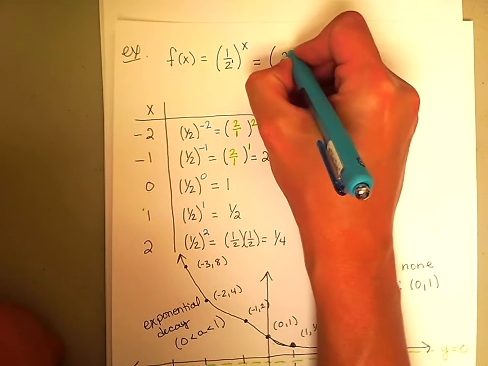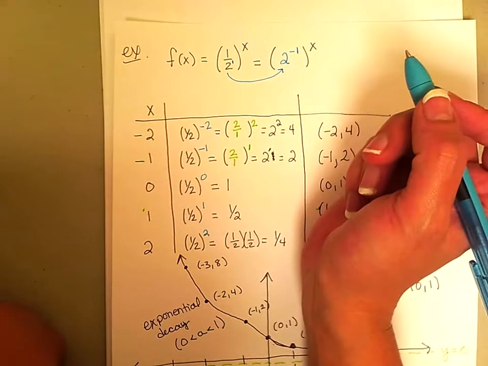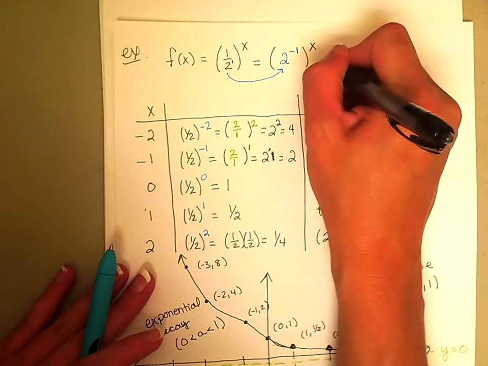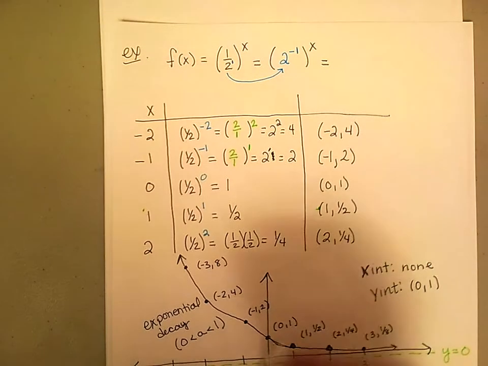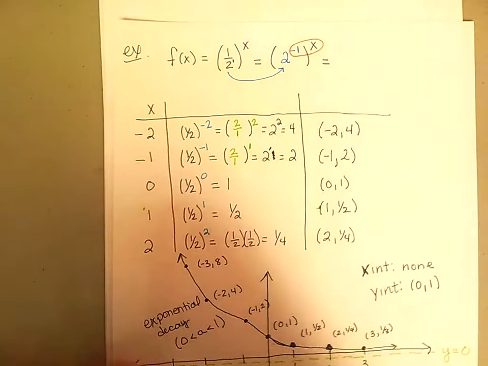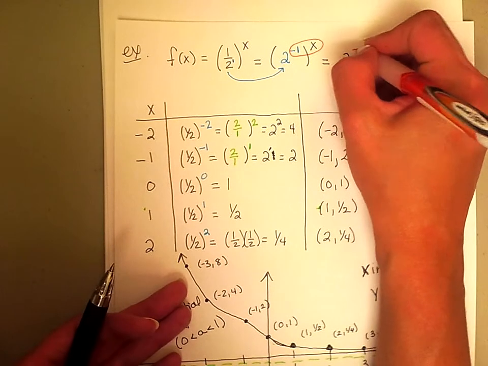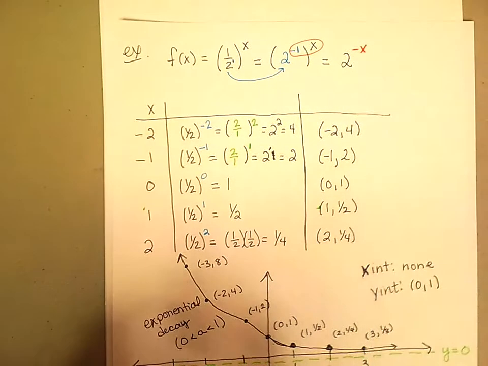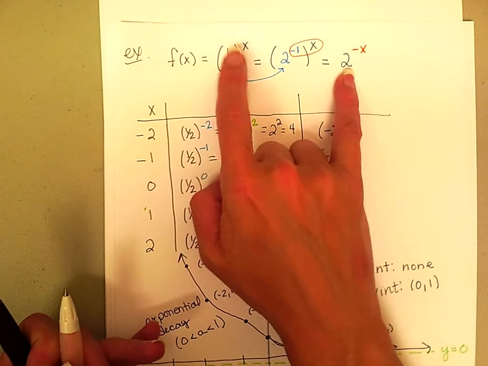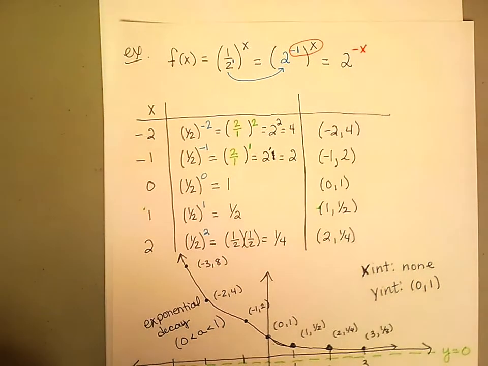So I could write 1/2 as 2 to the -1, which now if we go power to power, which is what's happening here, I could rewrite this as 2 to the -x. So both of these are equivalent ways of looking at exponential decay when 2 is the base.